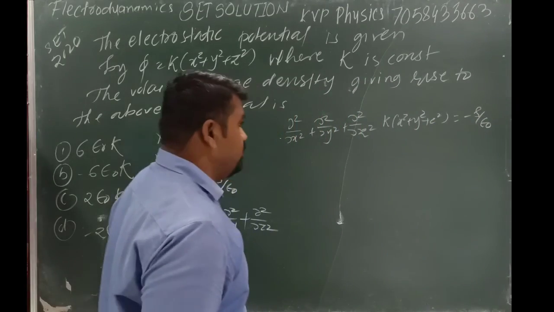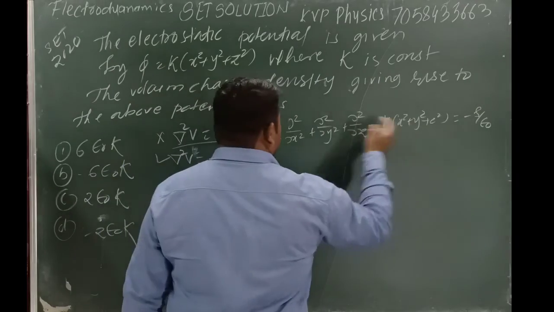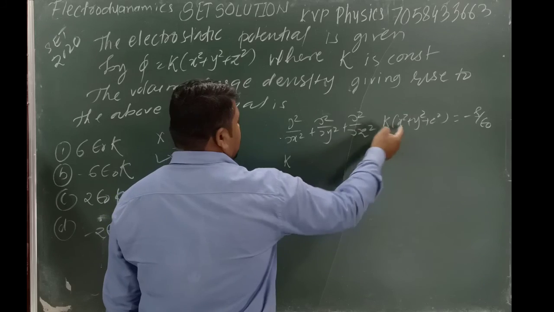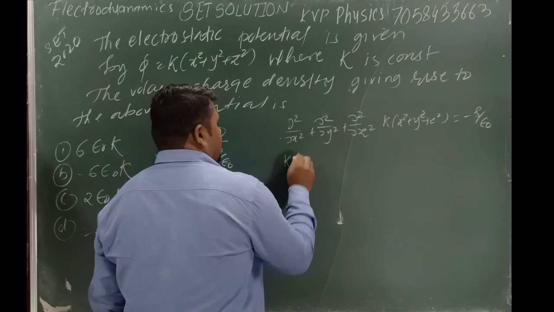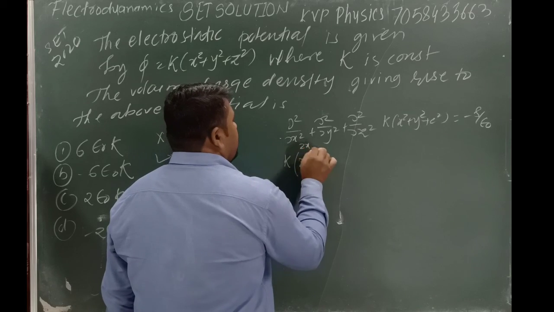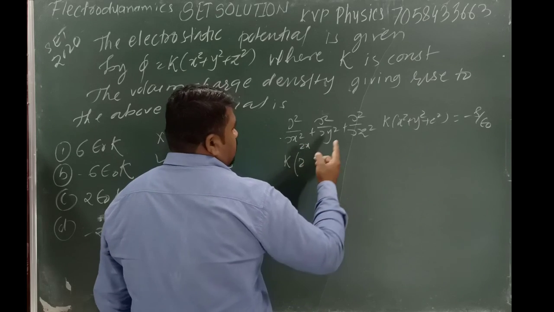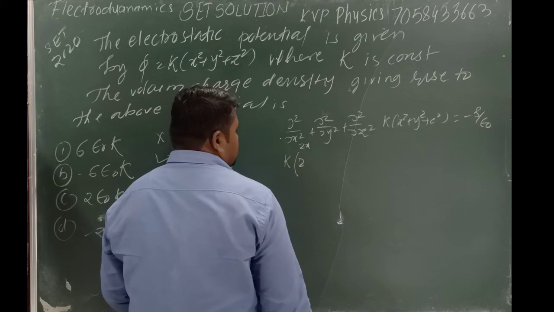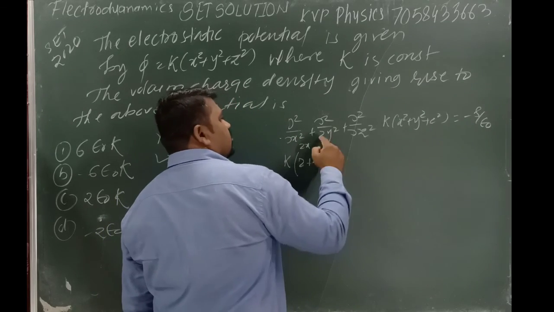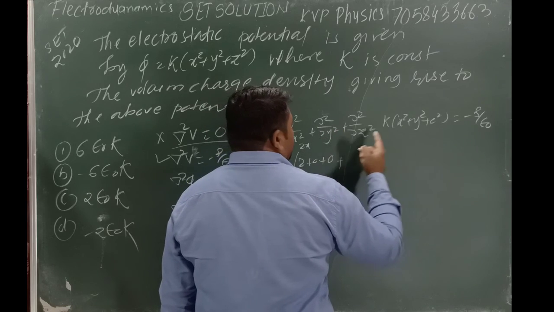Take k common out. The derivative of x square with respect to x is 2x, and the next derivative of 2x is 2. Next, the derivative of y square with respect to x is 0, z square with x is 0. Next, del square upon dy square: x square with respect to y is 0.